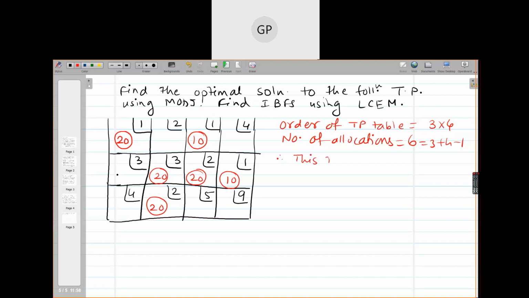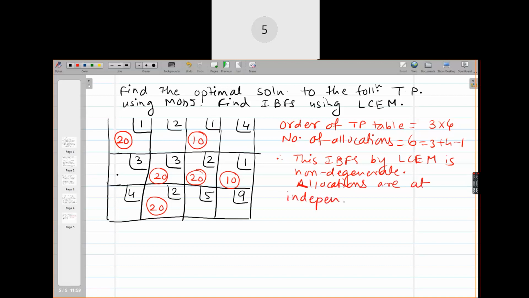Therefore, this IBFS by LCEM is non-degenerate, and moreover, allocations are at independent positions. Can you draw any loop right now? No, you cannot draw any loop using occupied cells.